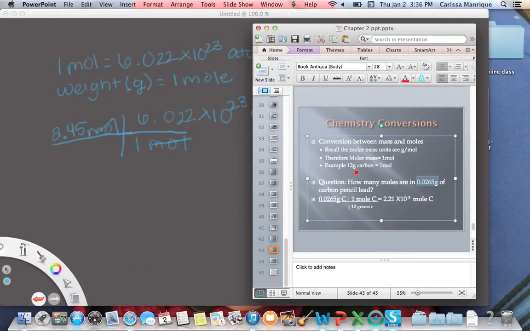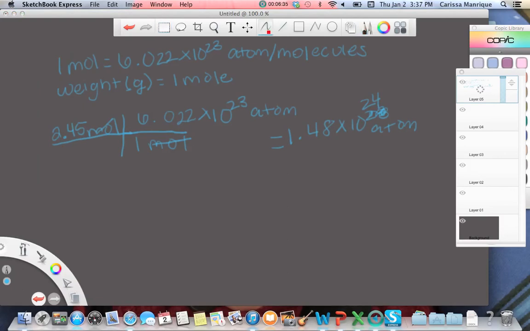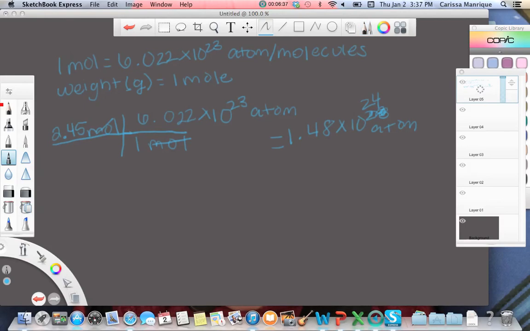Okay, I have 0.0265 grams. And I think I wanted to know, was it moles?